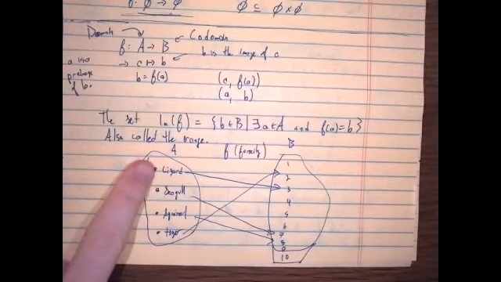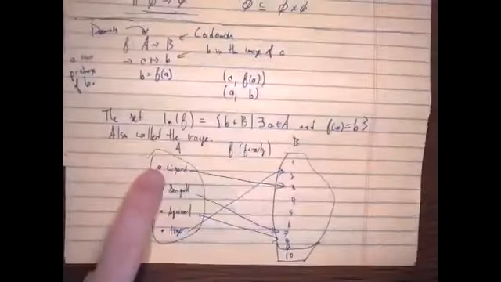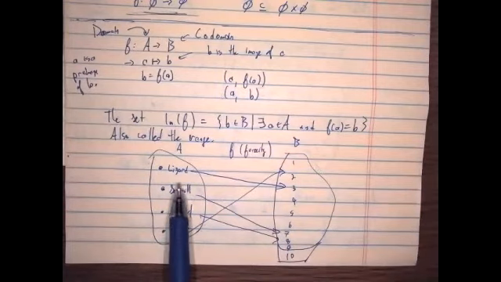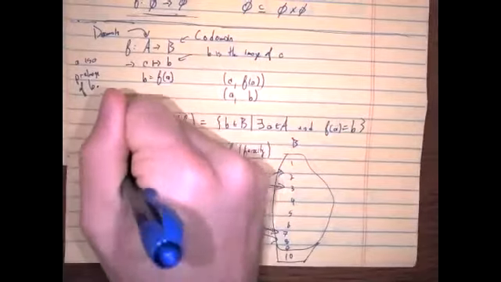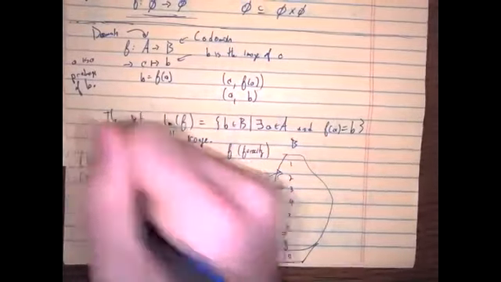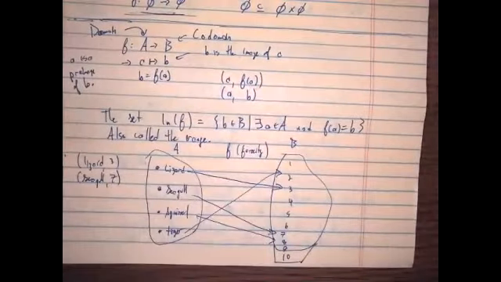For each element of A, I have a unique pair A comma B for some element of B. Exactly. For each element in the domain, there is a unique element in the codomain. Okay. So for instance, the pairs that I would make would be like lizard 3, seagull 7, etc.